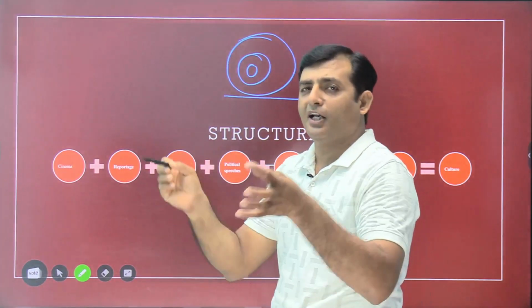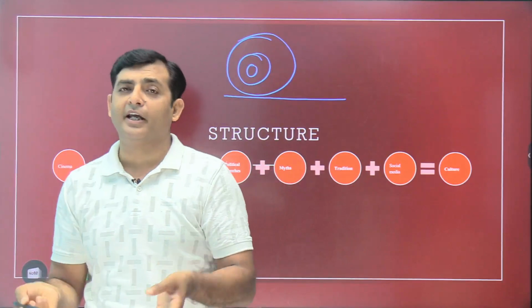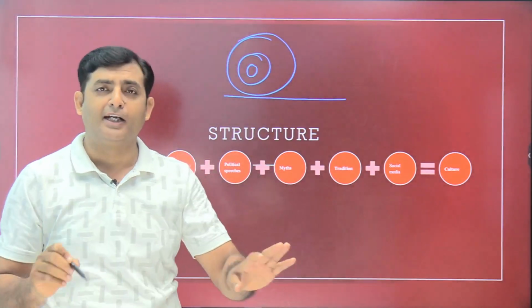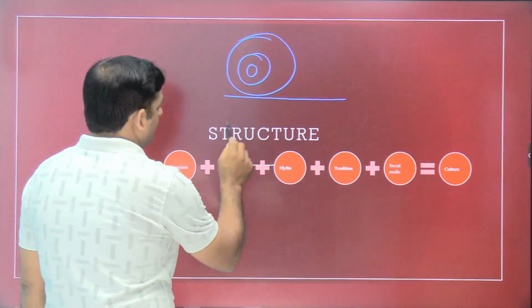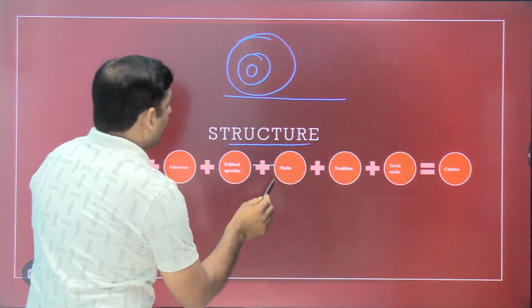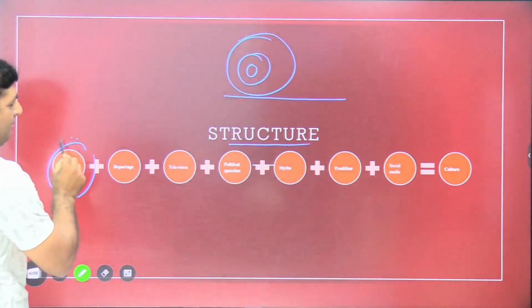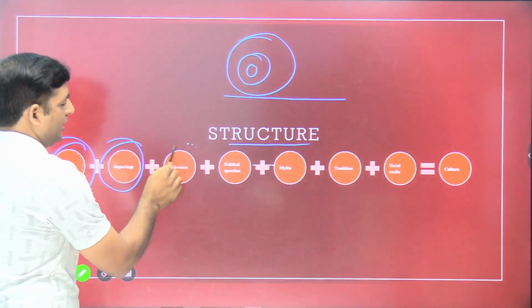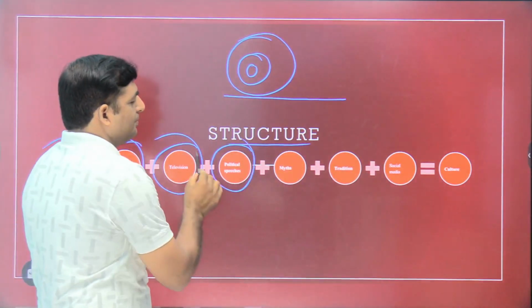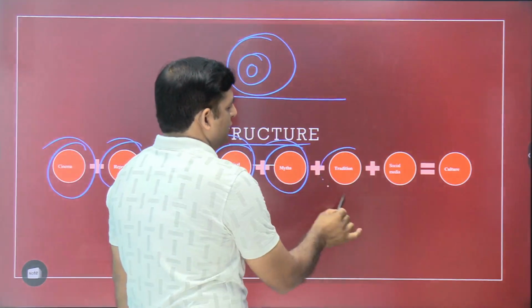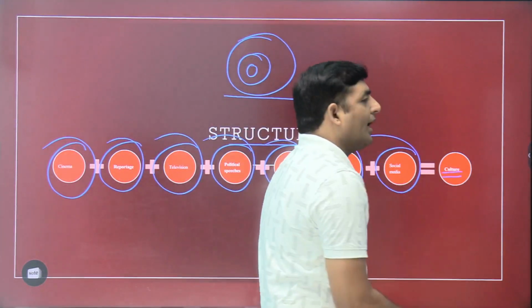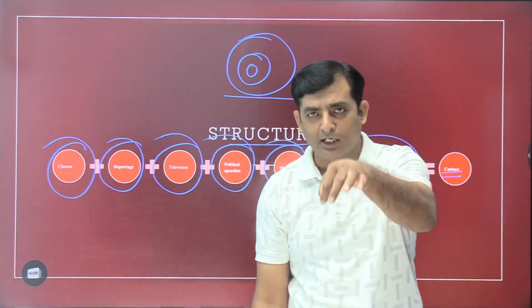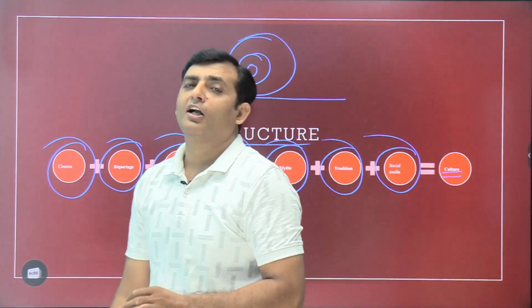Everything is relational and everything exists on a permanent and certain structure. When we talk about the structure of culture, you have cinema, reportage, television, political speeches, myths, tradition, social media, equals culture, and literature is one of the parts of culture.